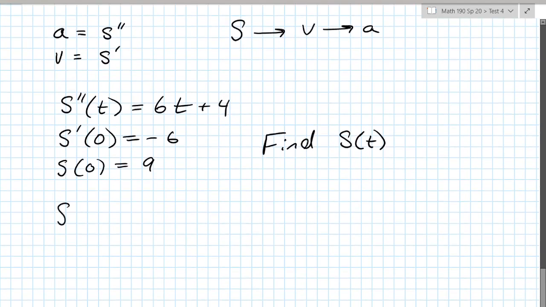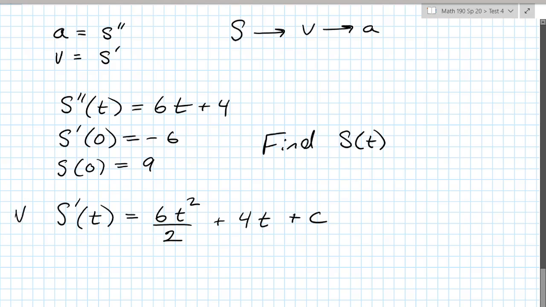So taking the first antiderivative of s double prime of t, using the power rule, we have 6t squared divided by 2 plus 4t plus a constant. Notice that we have information about this derivative. We know that the initial velocity, or s prime of 0, was negative 6.